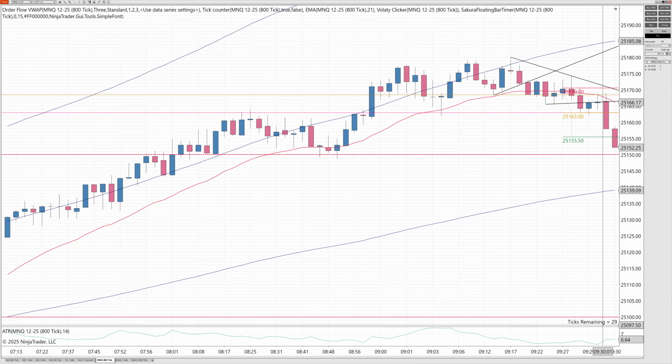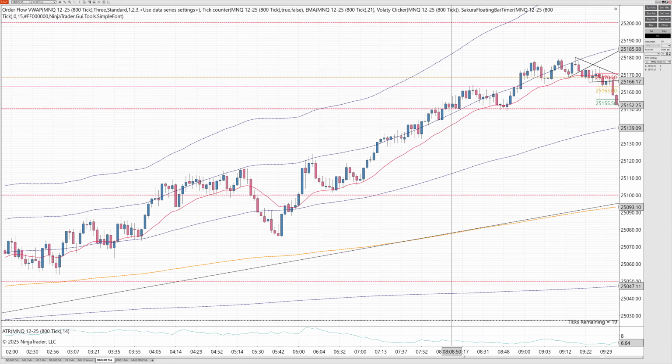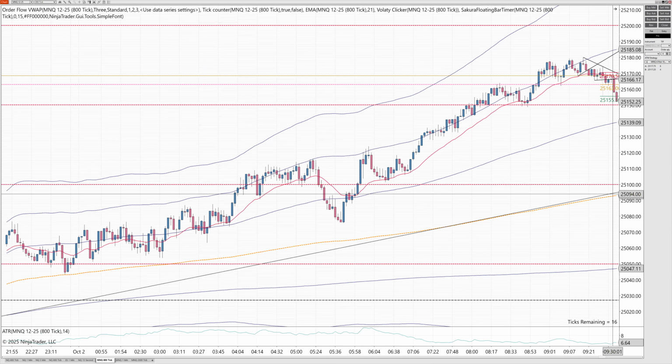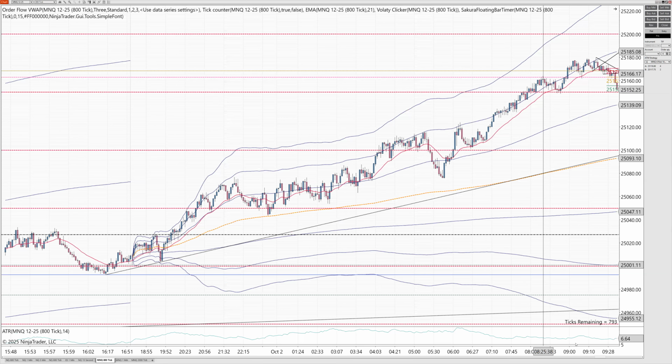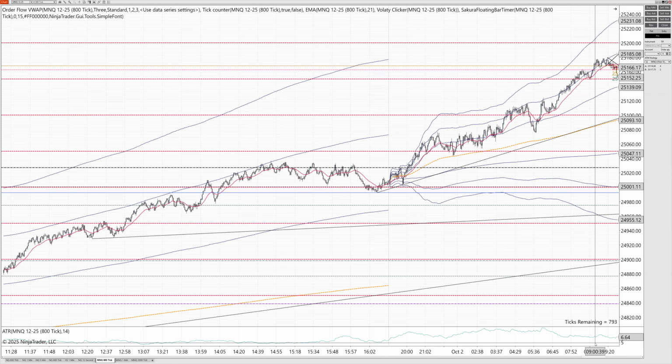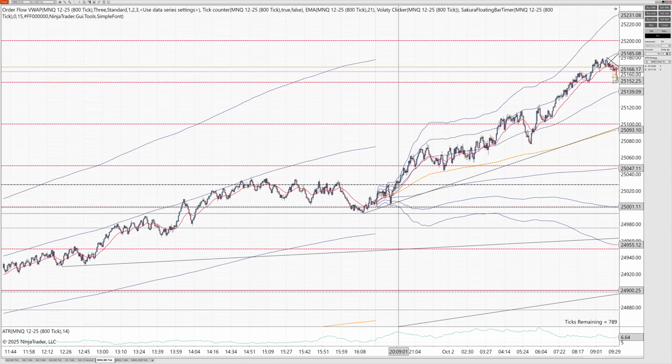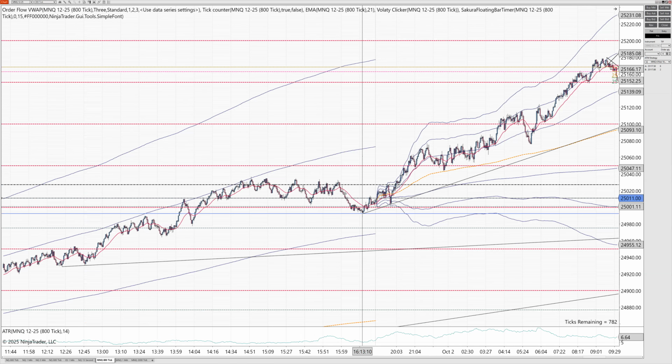VWAP is all the way down there, which I believe I commented earlier this morning that the game plan was we were probably going to retest VWAP or go all the way down and close the gap, which I did have marked earlier around this area. It's incorrectly marked, but it's around here.